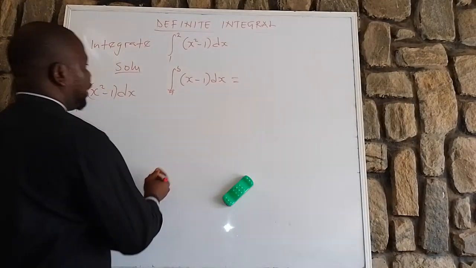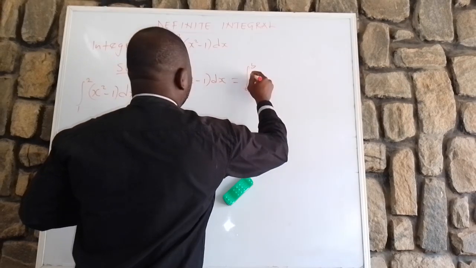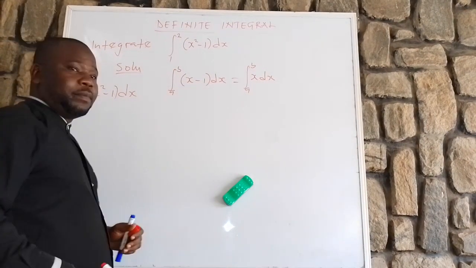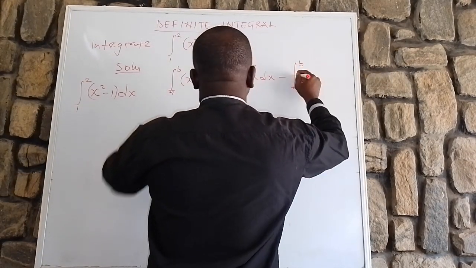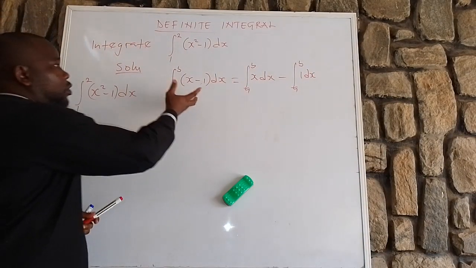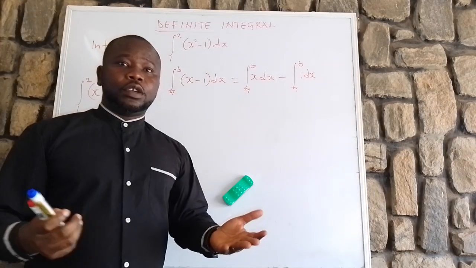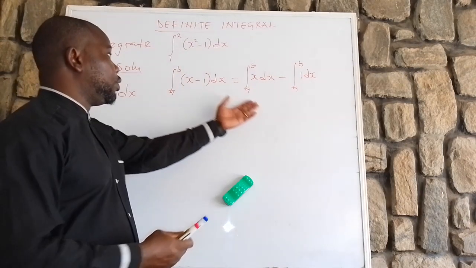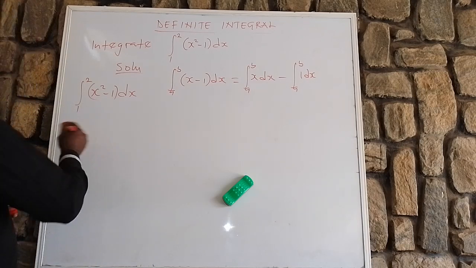Either you do it this way, integral a to b of x dx, which means you multiply out the bracket, minus integral a to b of 1 dx. You can also make use of this, but if you want to just do it as it is, no problem. Whichever way, you will arrive at the right answer.